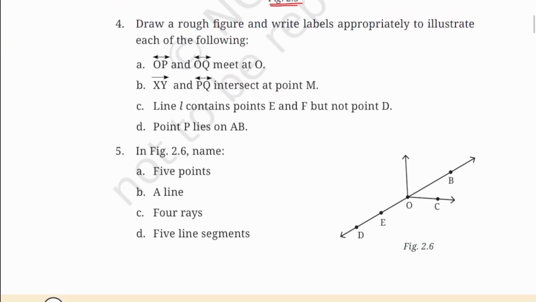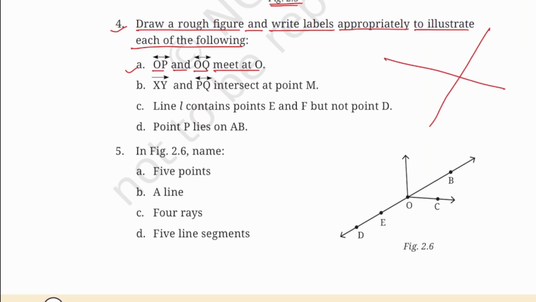4. Draw a rough figure and write labels appropriately to illustrate each of the following. A. Line OP and line OQ meet at O, that means two lines intersect at point O. OP and OQ.